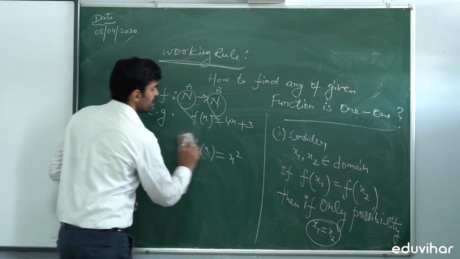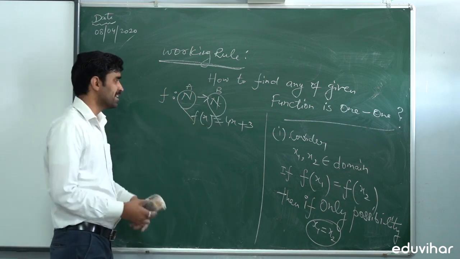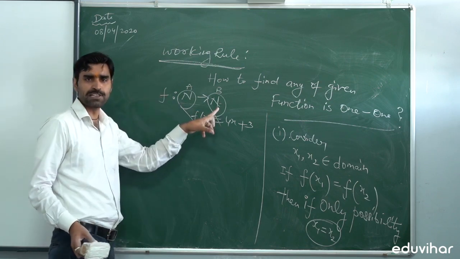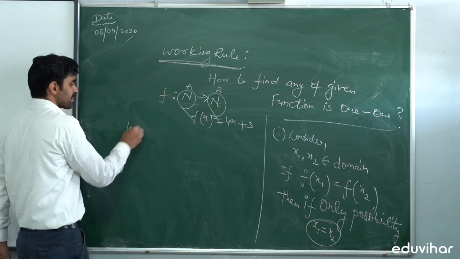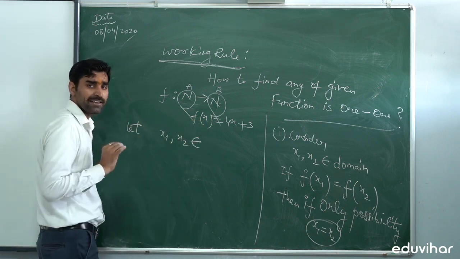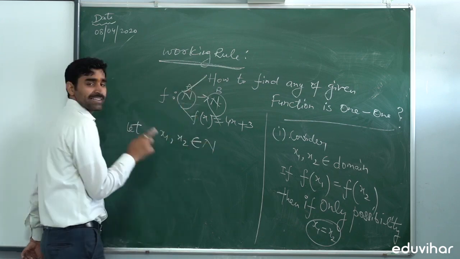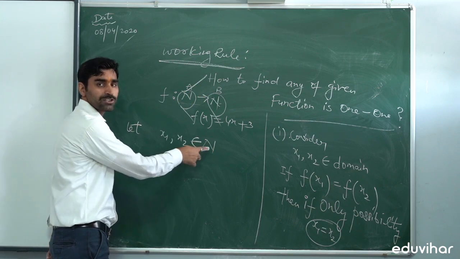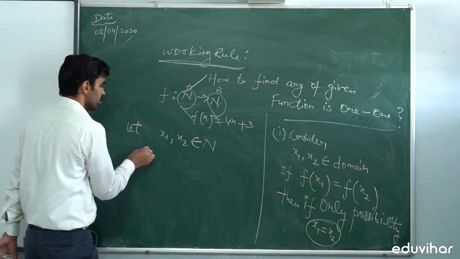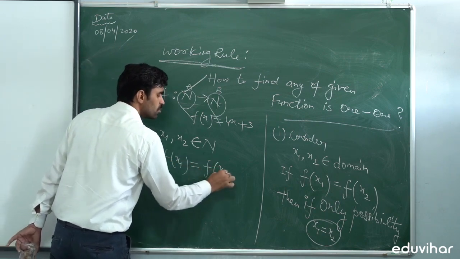For example, if we have a function f(x) equal to 4x plus 3 and we consider this is a function from natural number to natural number, then consider x1 and x2 belongs to the domain. Here domain is the set of natural number. So we can say consider x1, x2 belongs to natural number, that is from set A, and consider f(x1) equal to f(x2).